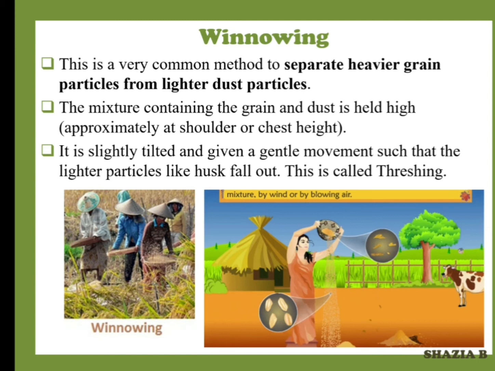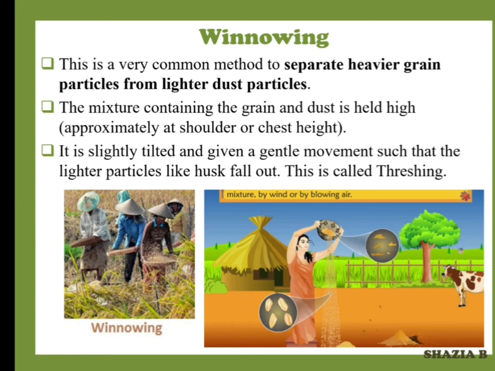So what we are doing is that the mixture of particles that we need to separate is held higher, approximately at shoulder height, and this plate-like structure, as we can see in the second picture where the lady is holding it, is slightly tilted. The chaff, husk or dust particles, being lighter, will be blown away by the wind, and the grains, which are heavier, will fall back and stay inside the plate-like structure.